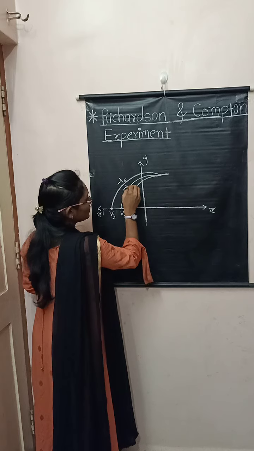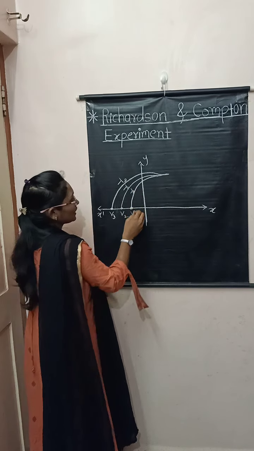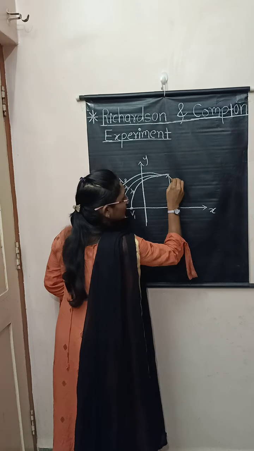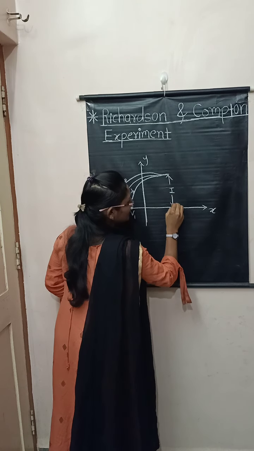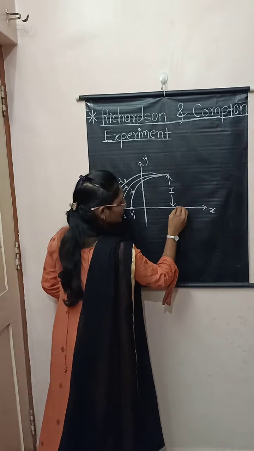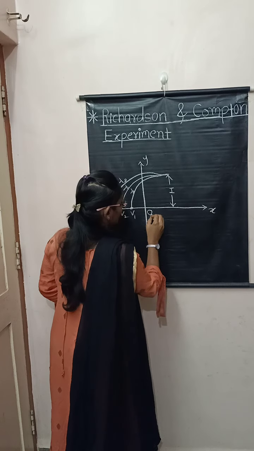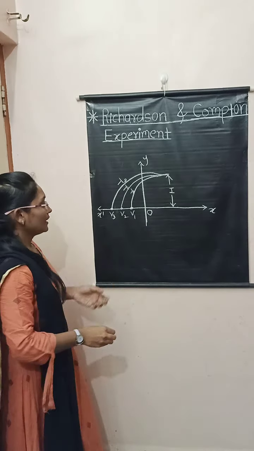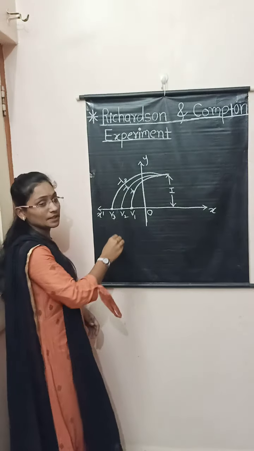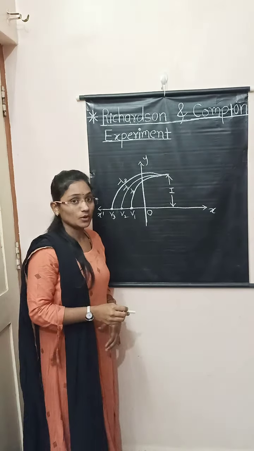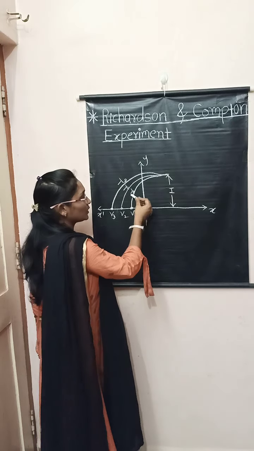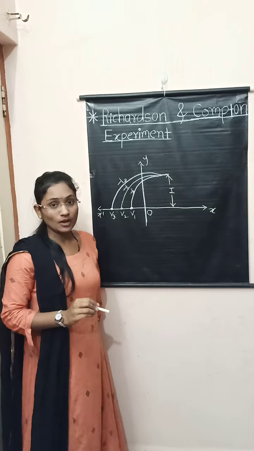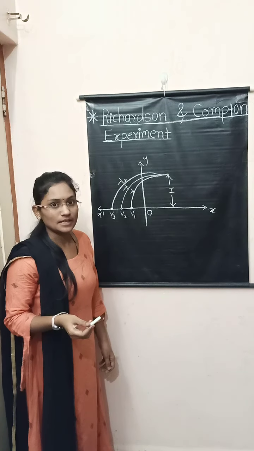Lambda 1, lambda 2 and lambda 3 are the wavelengths of those lines. So from that graph, V1, V2 and V3 are the velocities of photoelectrons, and with respect to them lambda 1, lambda 2 and lambda 3 are the wavelengths of our incident light.